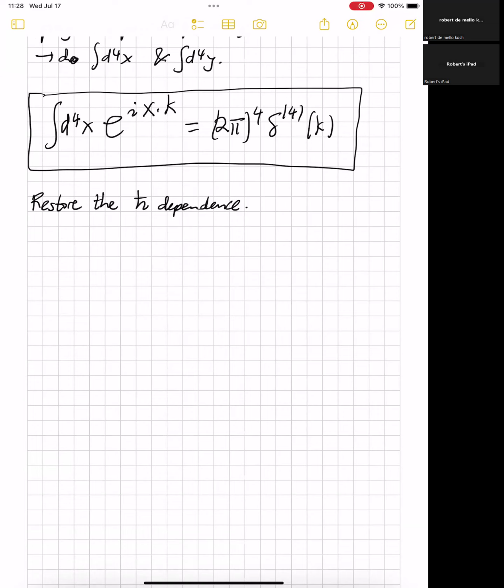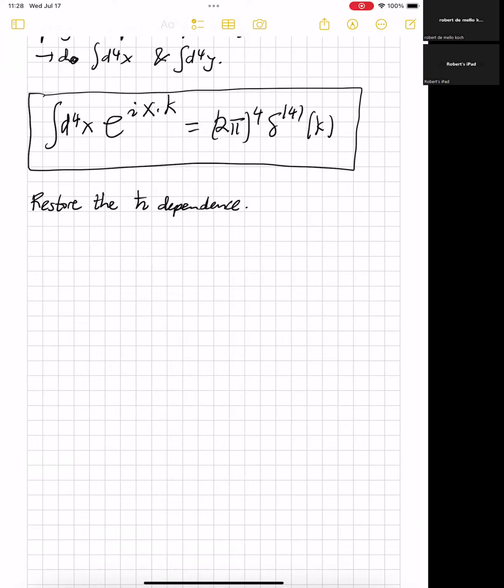You shouldn't be surprised to hear that there's a very nice way to simply read off what is the h bar dependence, how classical or how quantum it is, just by looking at properties of the diagram. So let's now try to restore h bar dependence.